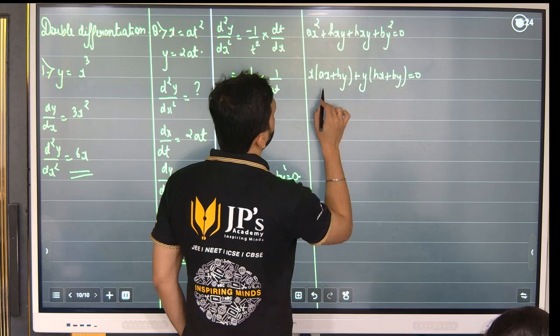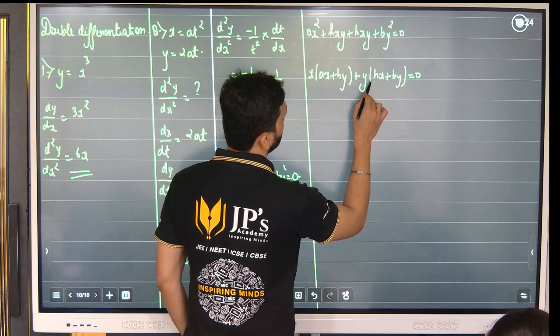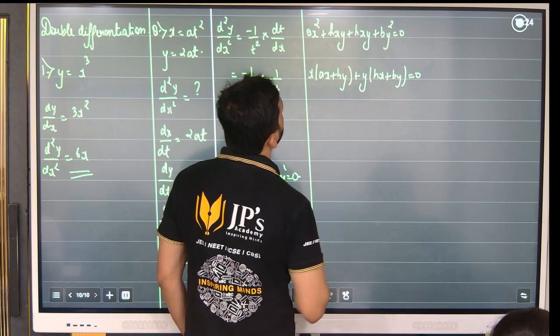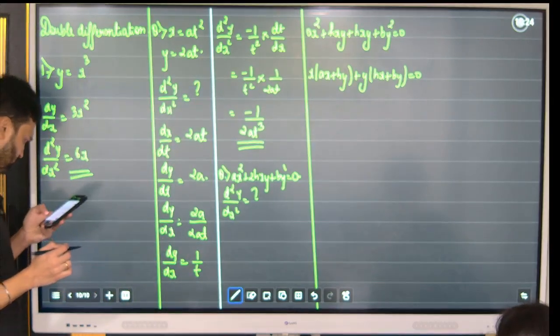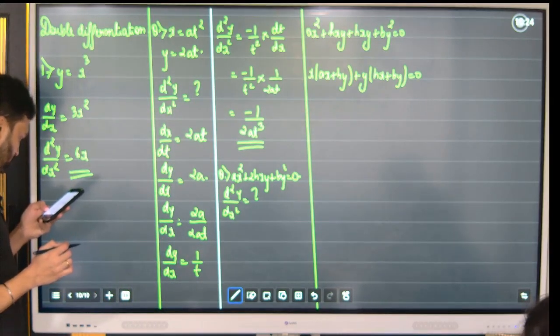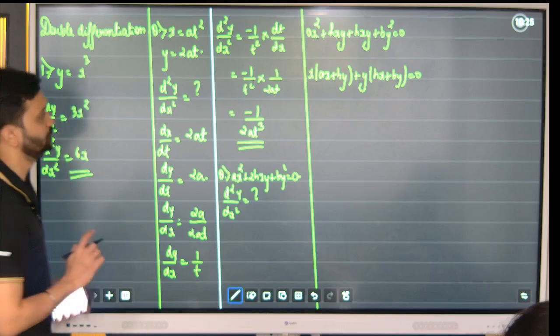Okay, ax plus hy and y common, hx plus by. This is the ax square plus 2hxy plus by square combination. Okay, now see this.